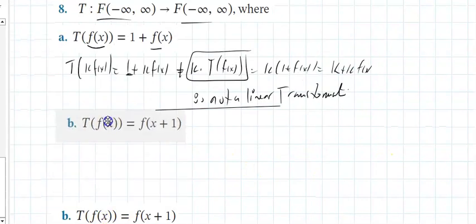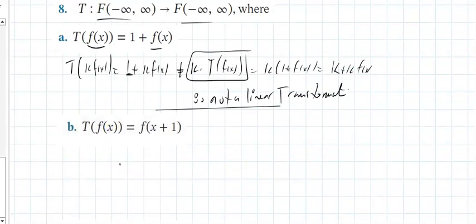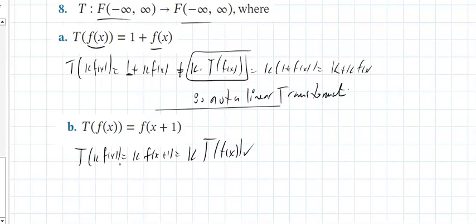How about this function? Well, here you're not affecting the outside. If you take T applied on k of f of x, that is k f of x plus 1, which is k times T of f of x. That checks.